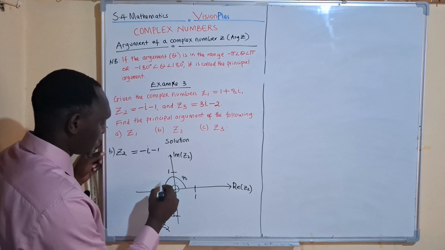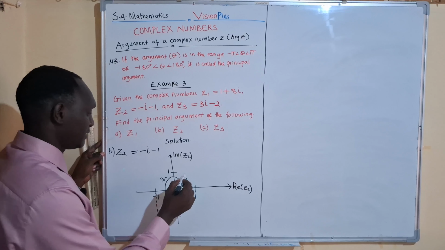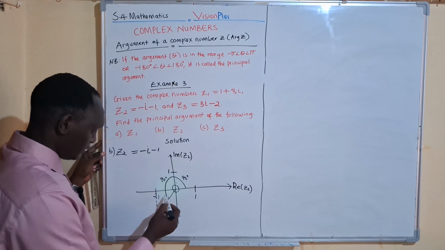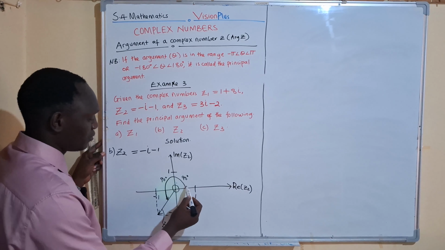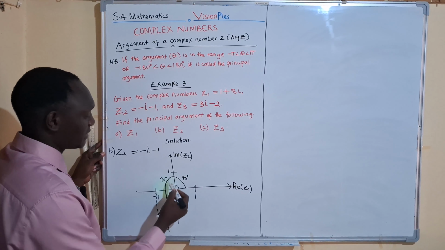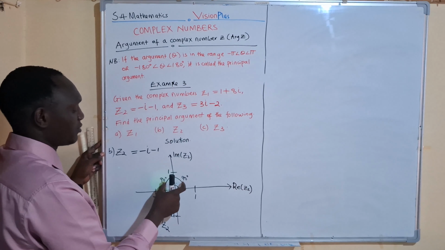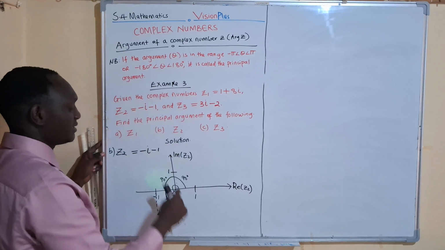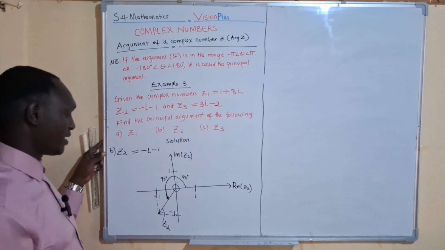This one is 90. Also, this one is 90. That means you have 180 degrees already. So here we need to just find this small angle. We add it to this 180, and then we judge. If it is in this range, we say it is a principal argument. If it is not in this range, then we find the other angle taken clockwise.